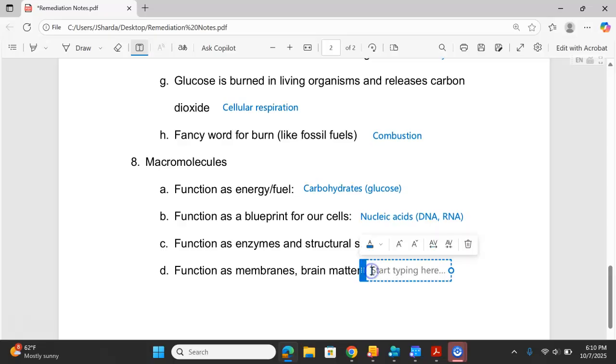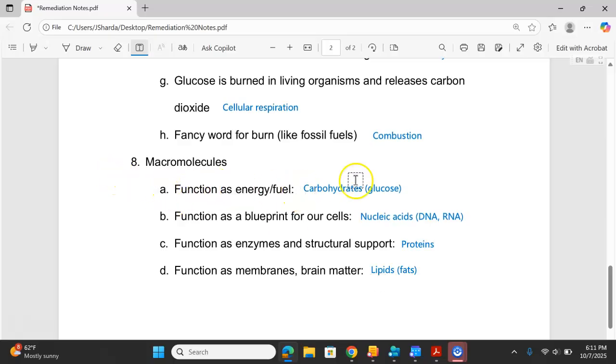And finally, one of the macromolecules that you find most often in membranes are lipids. Okay, they're also found. Another word for this is fats. Our brain matter is also very rich in fats or lipids.